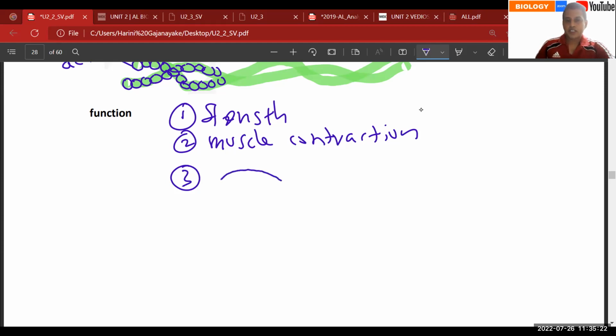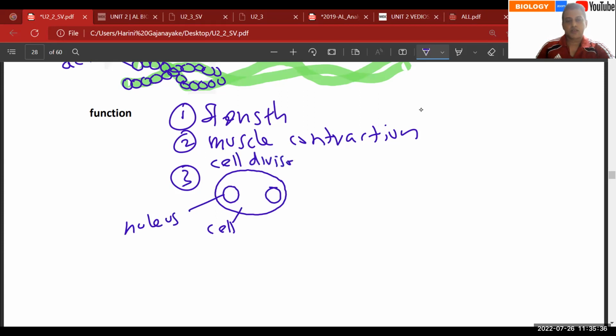So initially it's like this. This side has 1 nucleus, the other side has another nucleus. And in the middle somewhere here, a large amount of Golgi and also RER are going to organize in the middle.